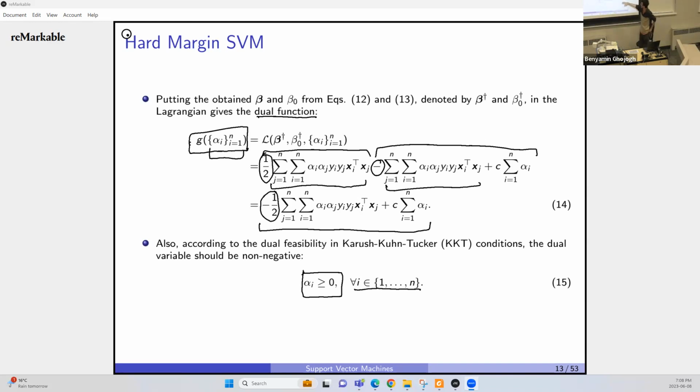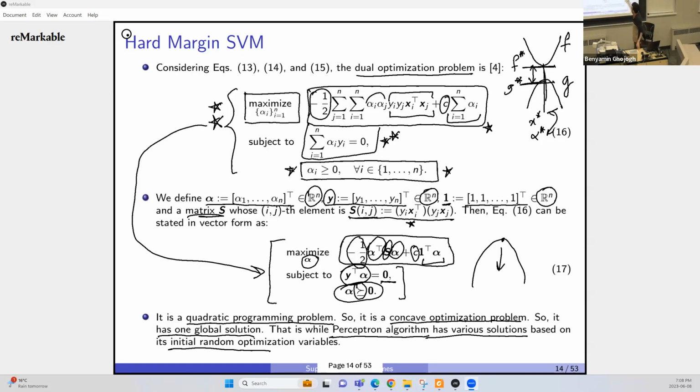We also have some conditions on the dual variables for inequality constraints, as shown in equation 15. Then we formed the dual optimization problem, which is equation 16. When the primal optimization problem is minimization, the dual optimization problem becomes maximization, because, as I showed in this figure, there are like two balls back to back.